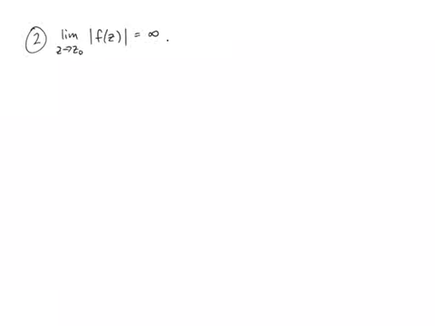All right, so in this case, the trick is to look at g of z, which is defined to be 1 over f of z.